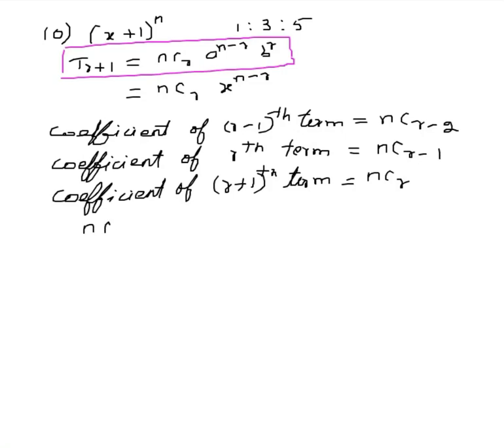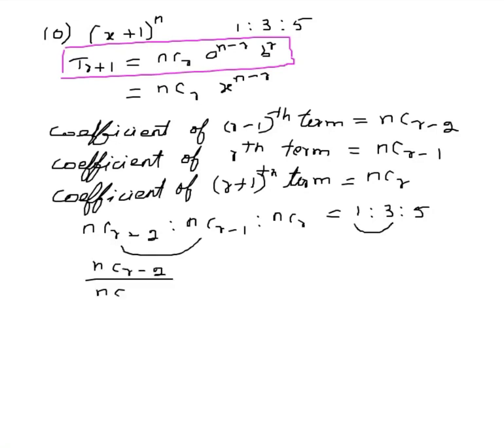Now these three coefficients are in the ratio 1:3:5. Let us take the first two coefficients, nCr minus 2 divided by nCr minus 1. The ratio is 1:3. Let us simplify this.